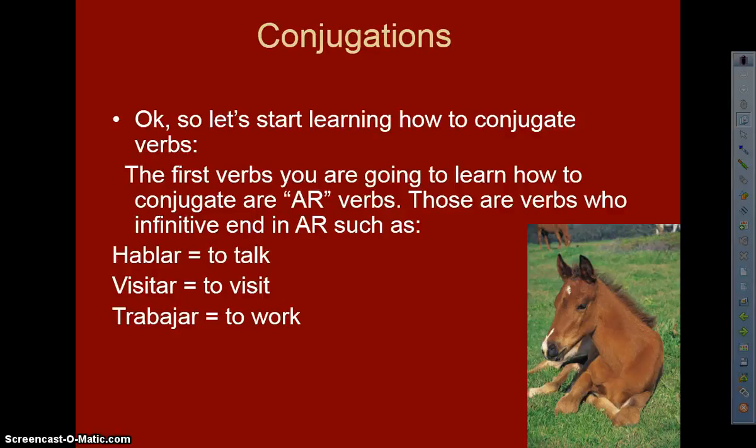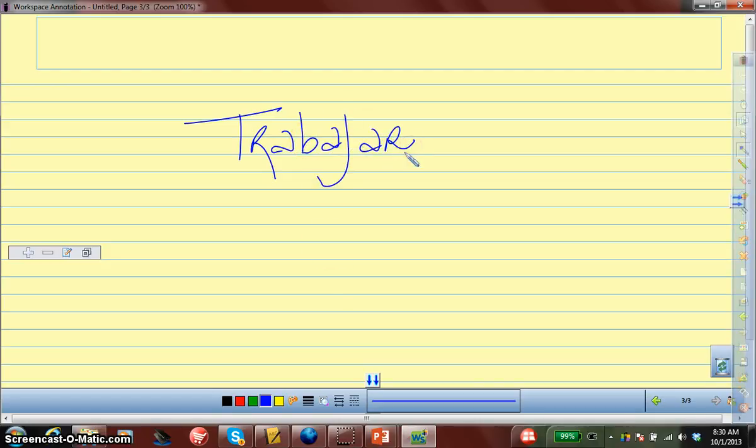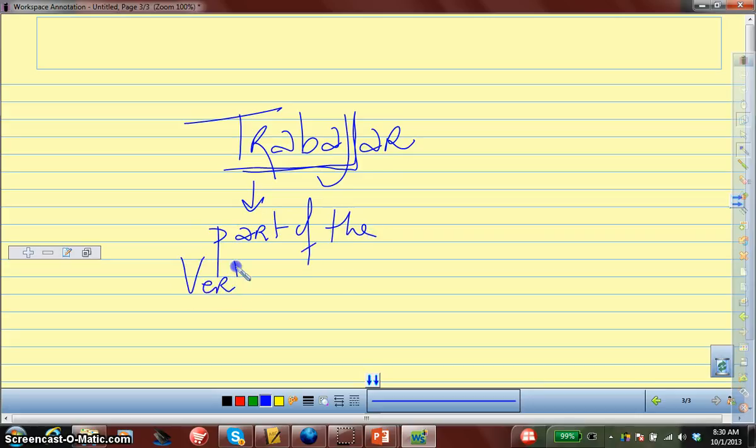What they were telling you about this, the root and the ending, look at this. Look at this verb. Trabajar, to work. This will be the root of the verb, the part of the verb that will not change when conjugated.